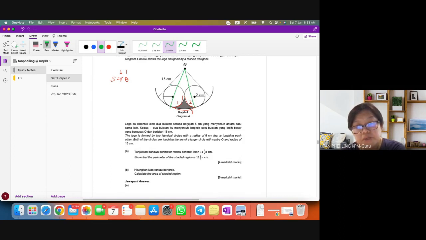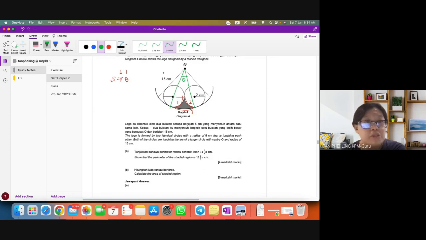When this is 5, I can know that this will be my theta. And then for this length here, until this length, I can actually collect some information.